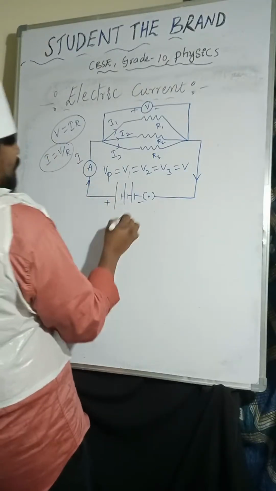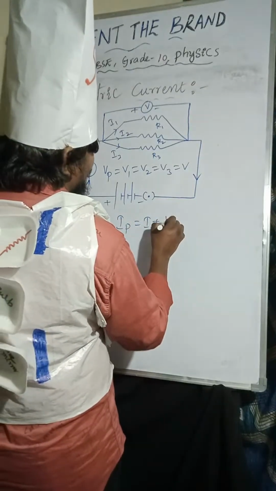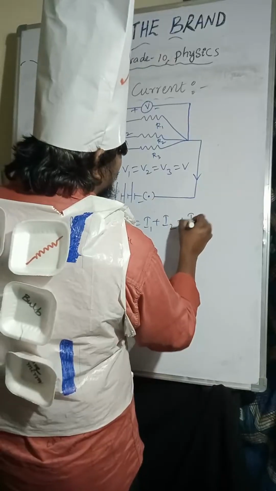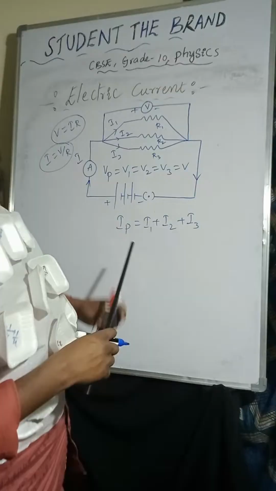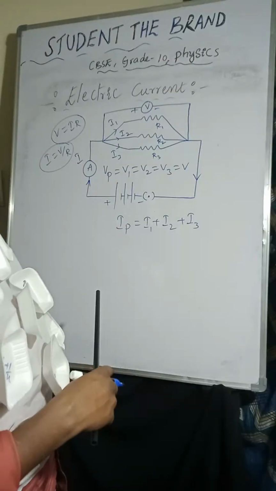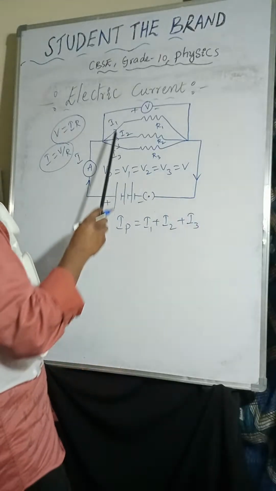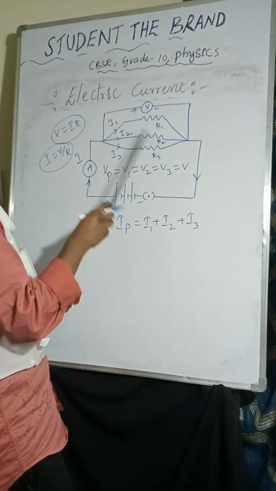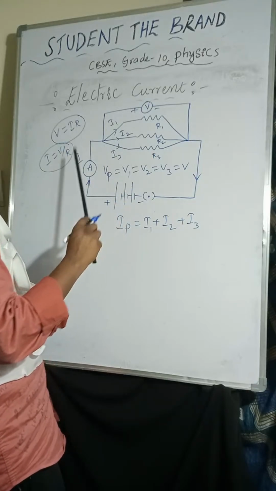Right? Now I'm taking Ip equal to I1 plus I2 plus I3. Okay, so current is dividing, right? So I1 through R1, I2 through R2, I3 through R3.